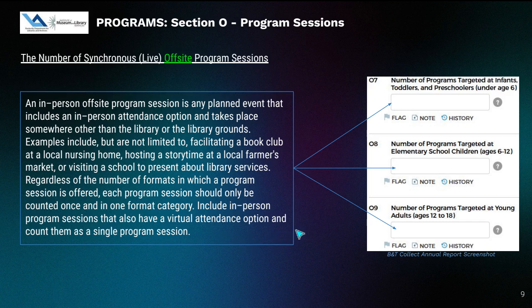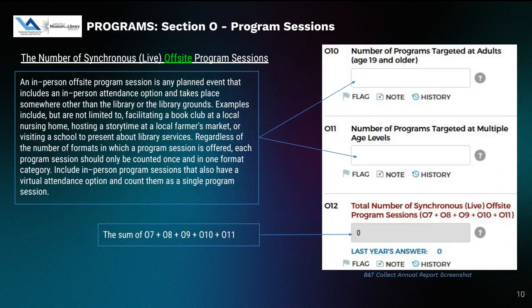So we're not going to duplicate any of that content. It goes in one location. So once again, for off-site programs, these are live off-site. Under age 6, 6 to 12, young adult, then we have adult and multiple age levels. Cell 012 is going to sum up 7, 8, 9, 10, and 11.